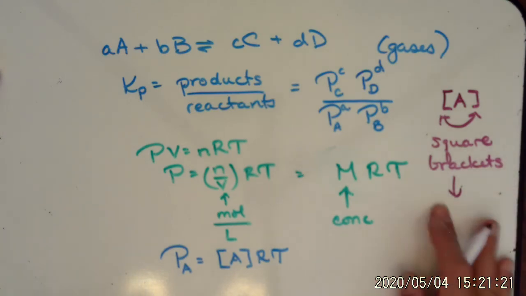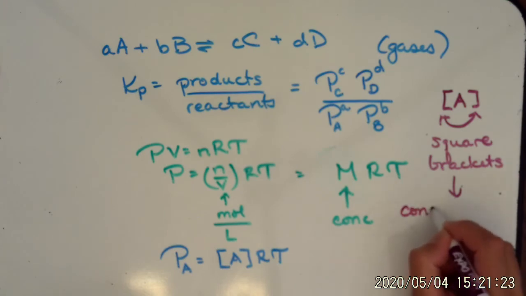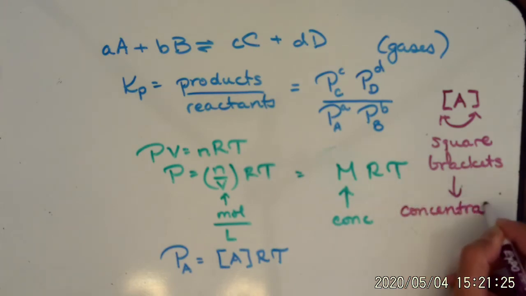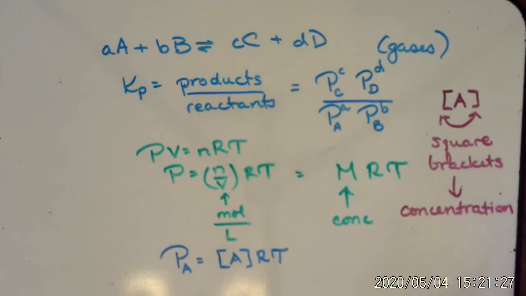Let me give myself some space here. So I mentioned I started using it, but I wanted to be very explicit. When I have the square brackets around the A, that means concentration of A. So if I use that, I can substitute into all of this. So let's do that.